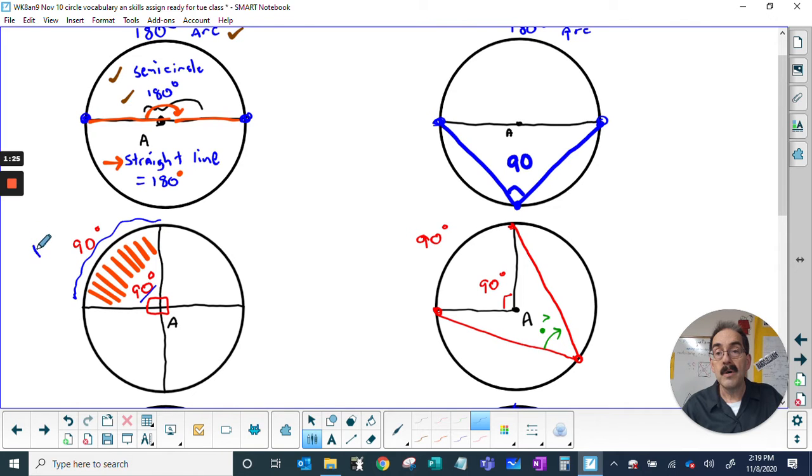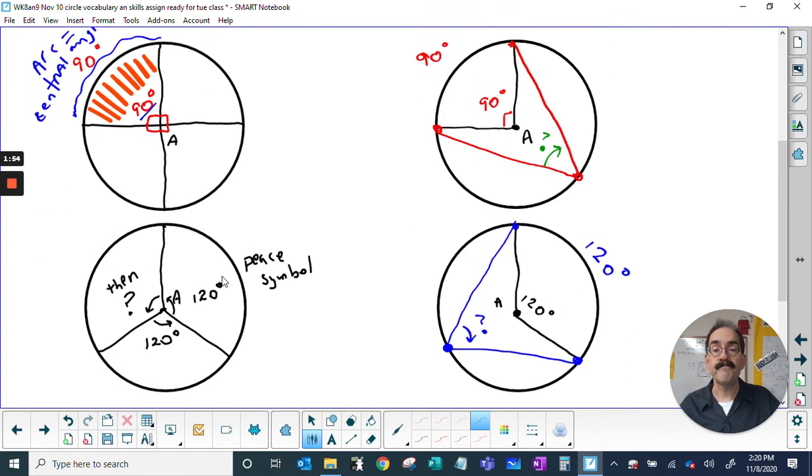So the arc is equal to the central angle. The arc measure is equal to the central angle. They're equal to each other. Let's look at another example.